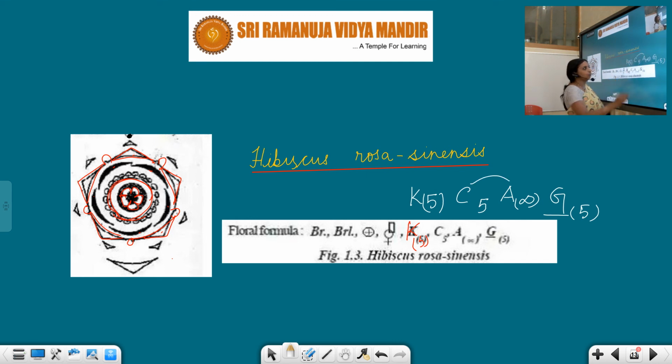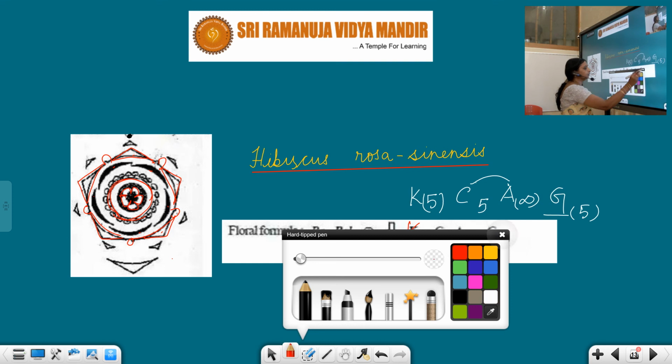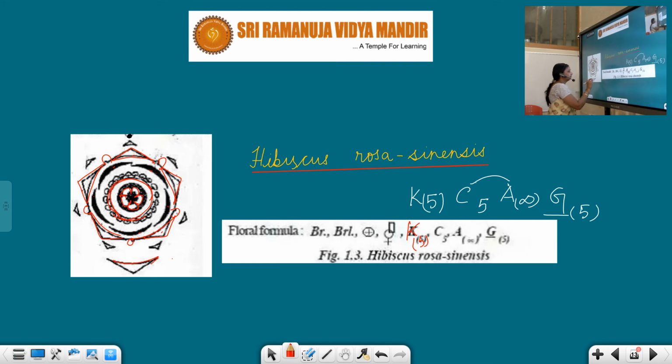Then we have to put a line above the floral characters. And for bracts, this is bract. Bract is present, so BR. Bracteoles, the small scale-like structures which are present below the calyx, are called bracteoles.